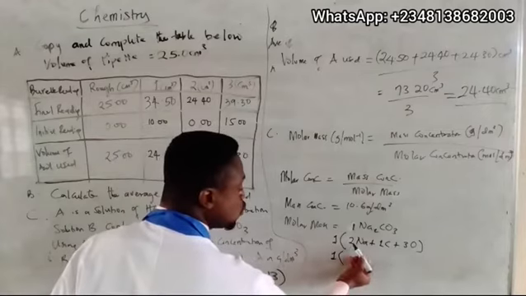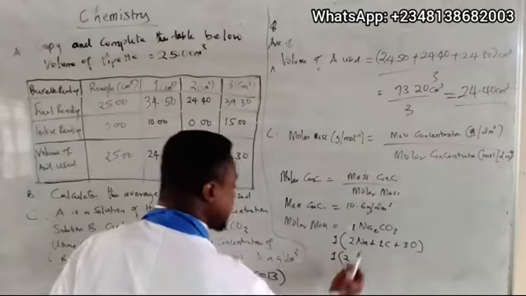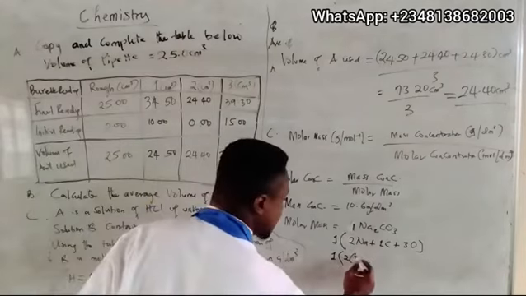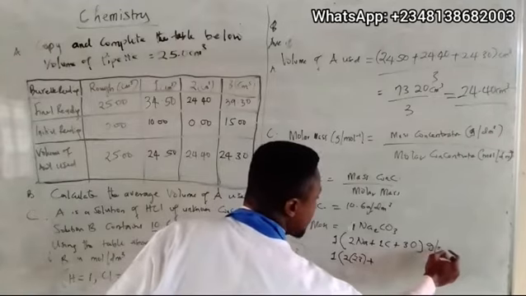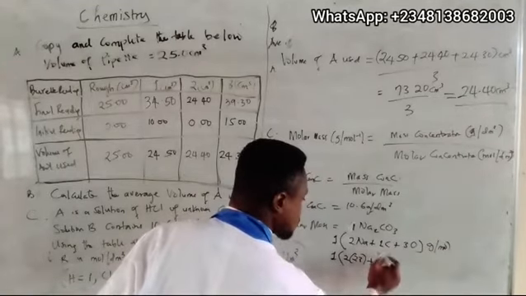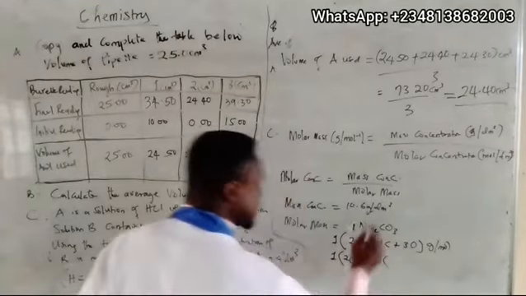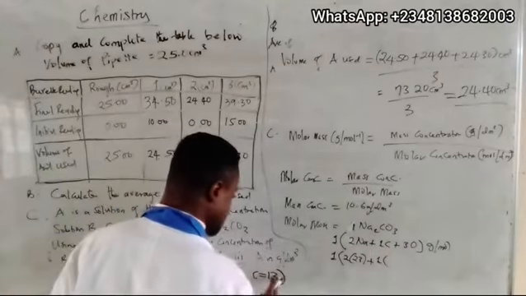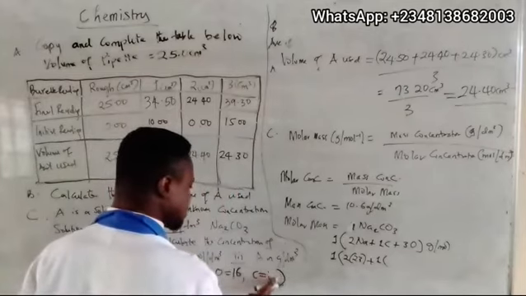Here is 2 times the relative atomic mass of sodium, which is 23, so 2 times 23, plus, remember this is in gram per mole, plus 1 times the relative atomic mass of carbon. Sorry, this is 12.